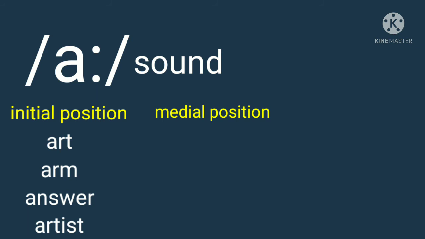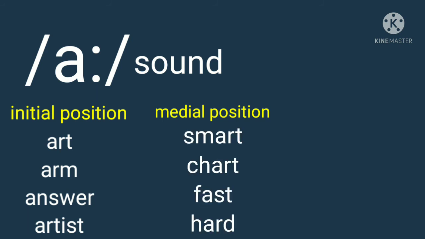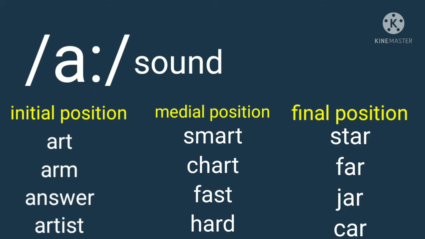Now find out a few words in which it occurs in the medial position. For example, smart, chart, fast, hard, etc. Now in the final position, star. The letter R is silent when it occurs at the end of a word.